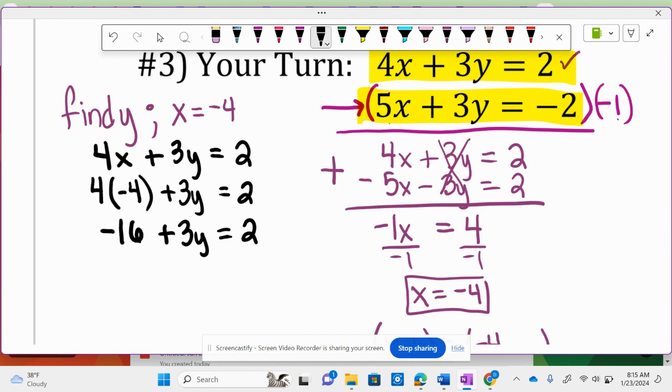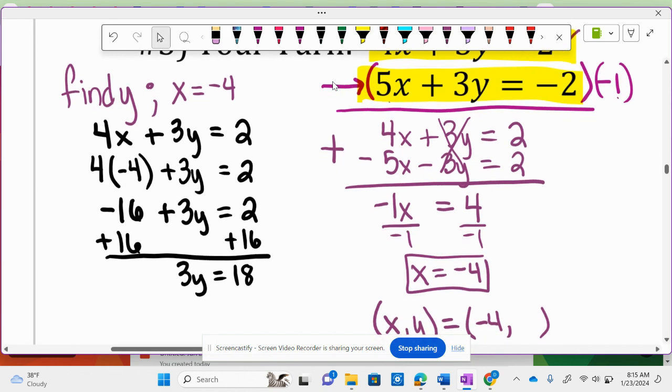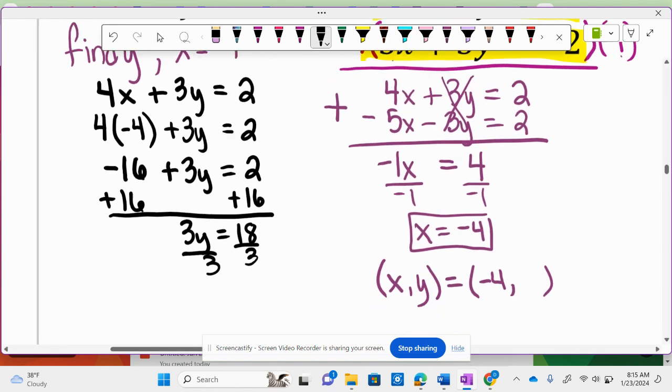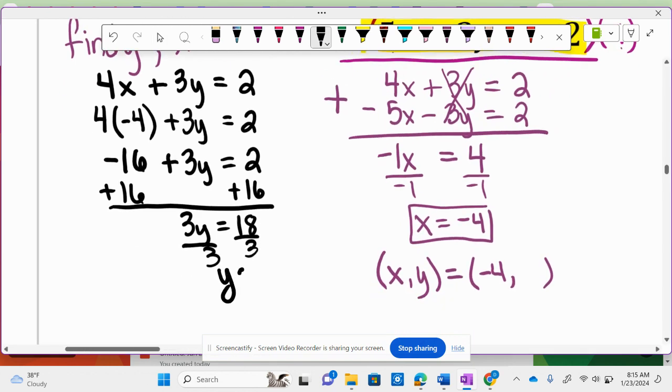What do I need to do next? Add 16 to both sides. 3y equals 18. Lastly, divide both sides by 3, and I find out that y equals 6, so that's the other part of my ordered pair.